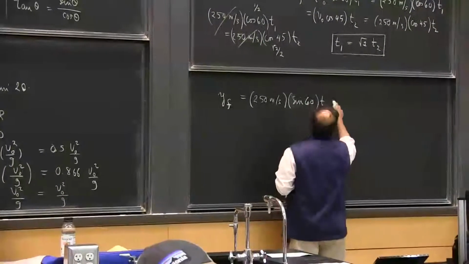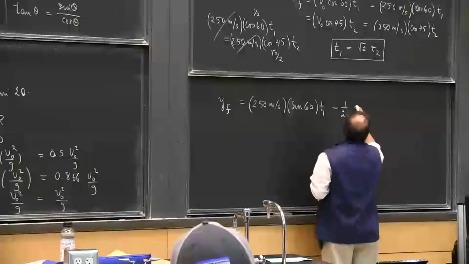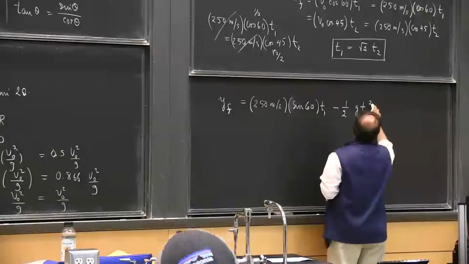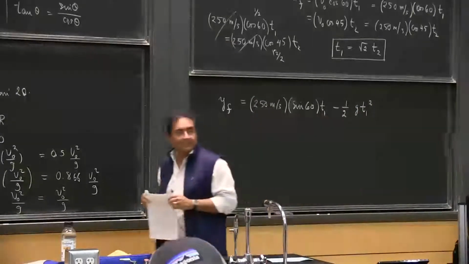times T1 minus 1/2 g T1 squared. Is that okay? Acceptable?